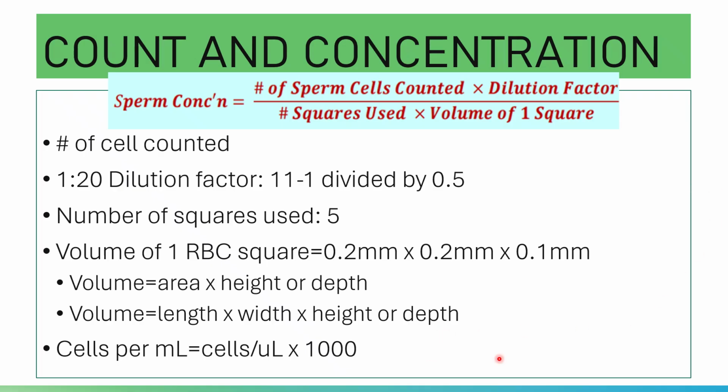You need to convert that into ml to have cells per ml. So cells per microliter times 1000 gives you cells per ml. That is for this formula. Please try.